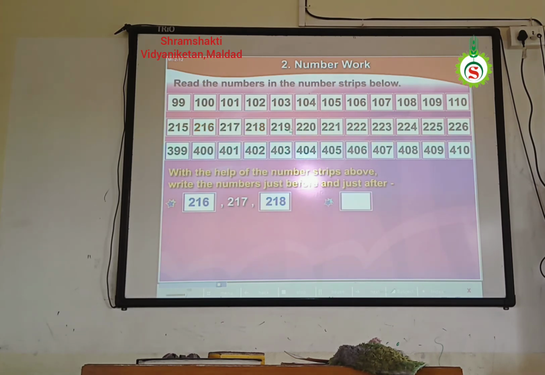Next, 100. 99 comes before 100 and 101 comes after 100. 409. If you check the strips, 408 comes before 409 and 410 comes after 409.